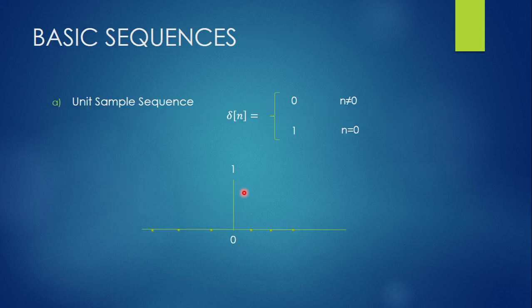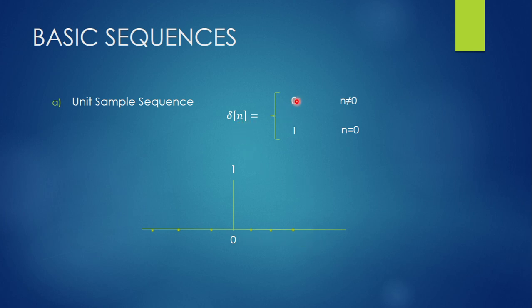Now we come to some basic sequences. Basic discrete sequences used in DSP. First is unit sample sequence. It's quite simple. It has a value of 1 for the 0th sample. All other samples are 0.